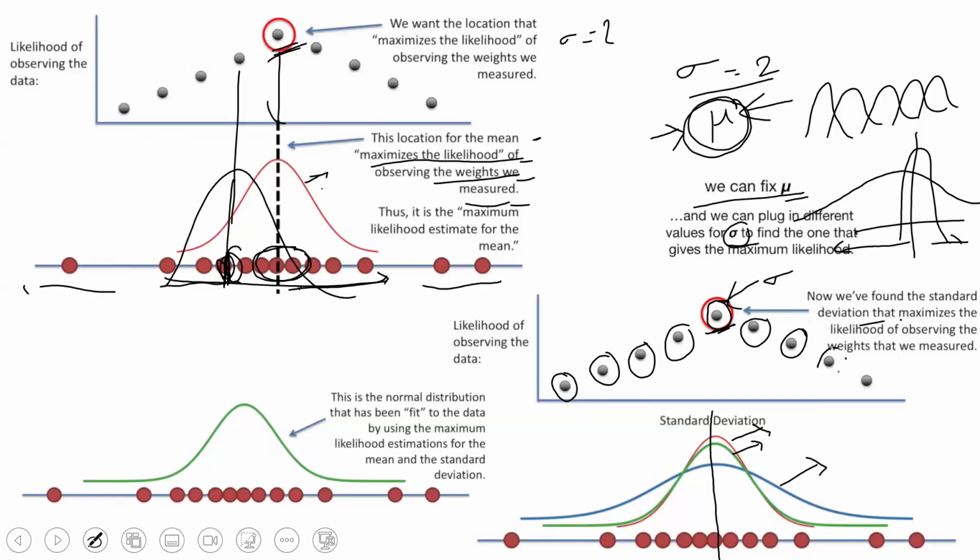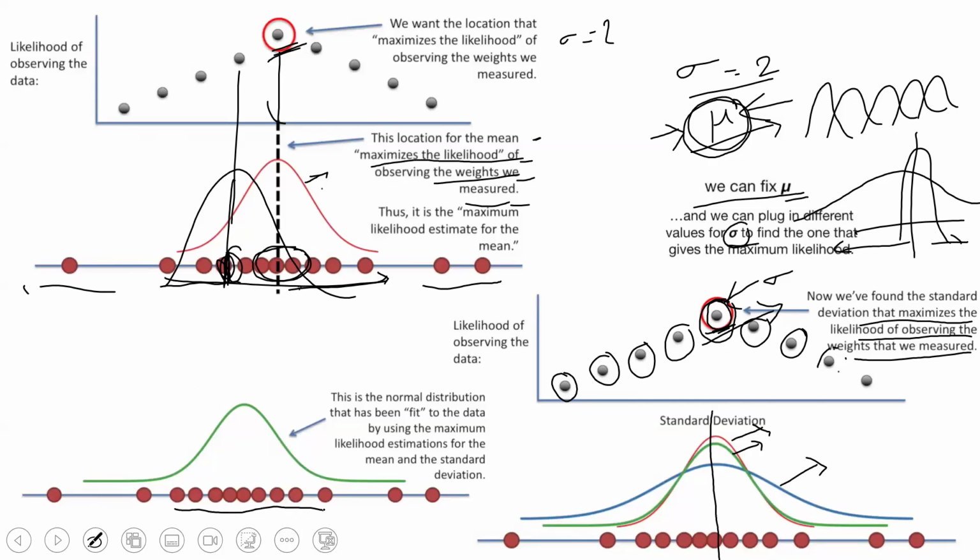Now we have found the standard deviation that maximizes the likelihood of observing the weights that we measured. Now we have the maximum likelihood value for mu and also for sigma, and if we draw a distribution using those two values, we get a graph that exactly represents the data. We can say this is the right fit for the data.